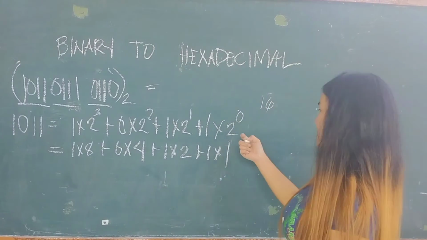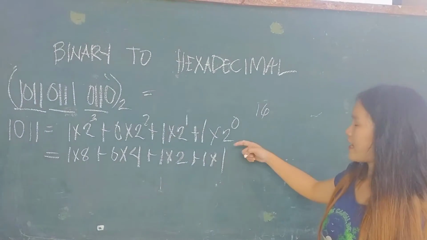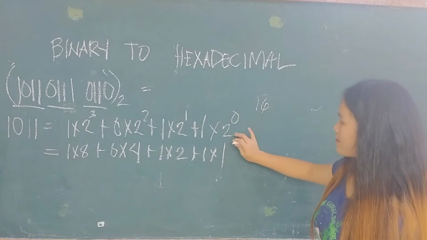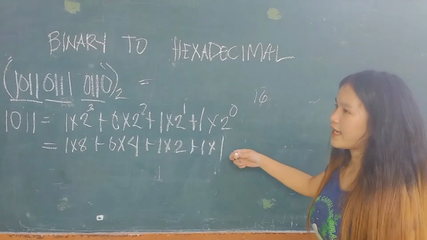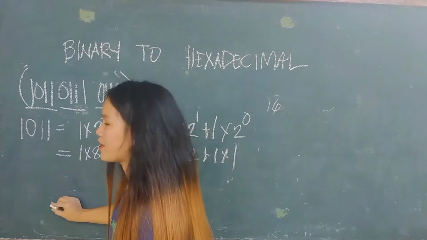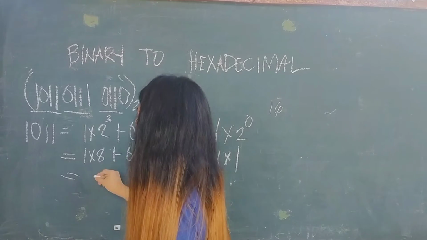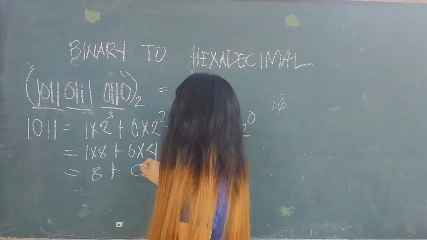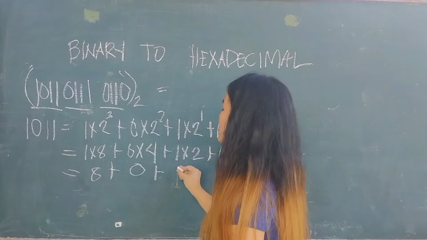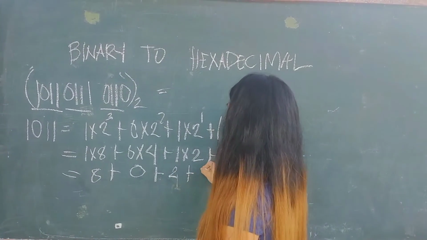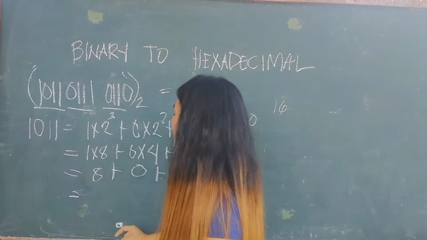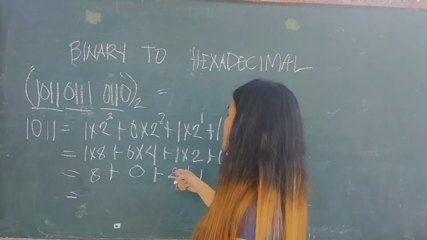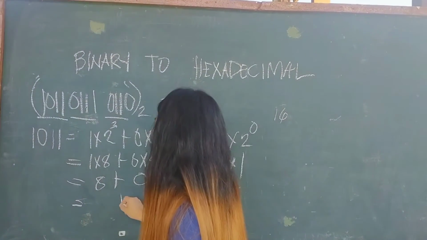Every time the given is raised to the power of 0, its answer is 1. So, 1 times 8 is 8, plus 0 times 4 is 0, plus 1 times 2 is 2, plus 1 times 1 is 1. 8 plus 2 is 10, plus 1 is 11.